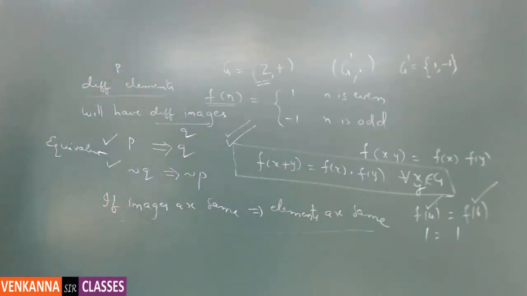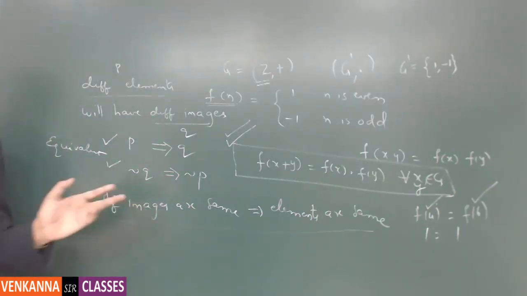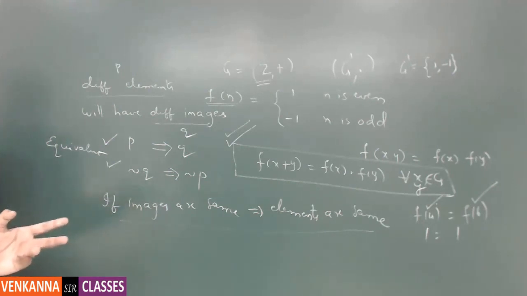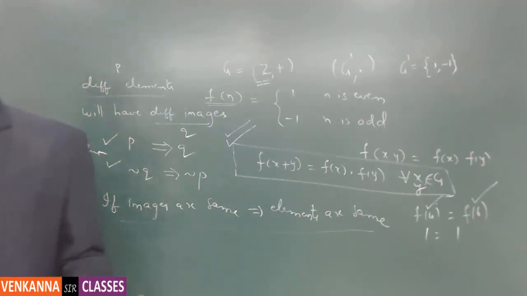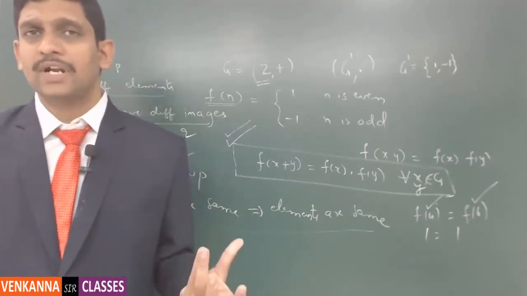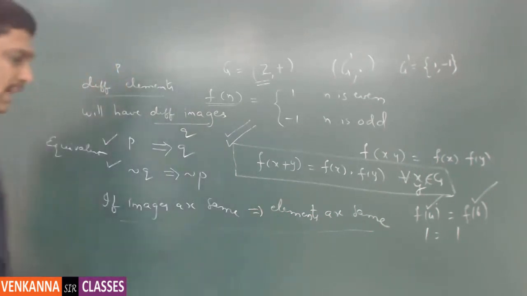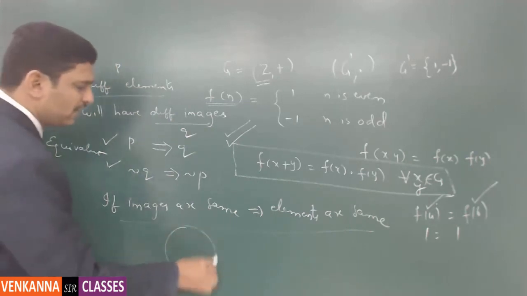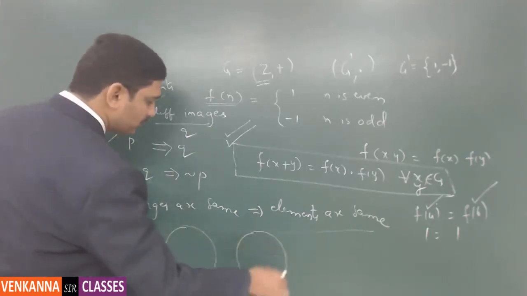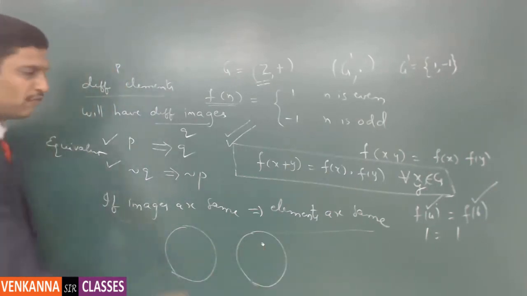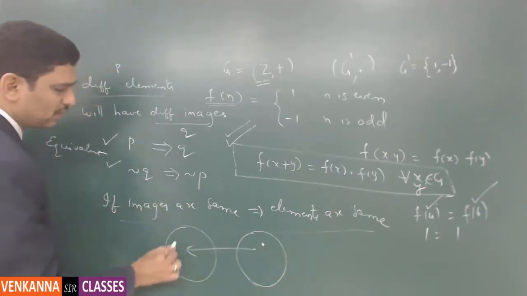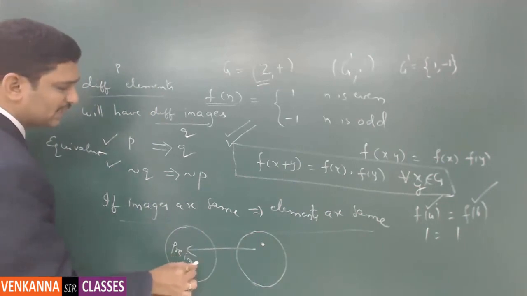Now another question comes: is it an onto function? Yes, because if you think fundamentally, onto function says that whenever you have a function between two sets, if you take an element in the codomain, you should have at least one preimage here.